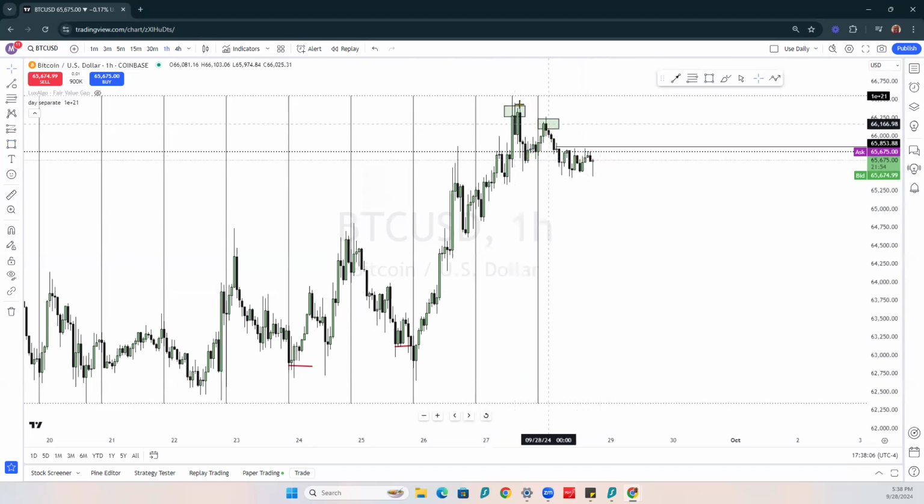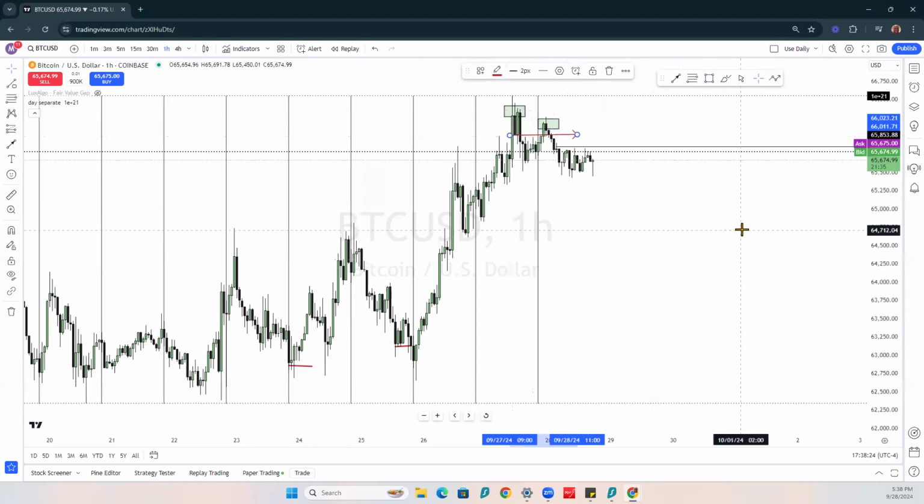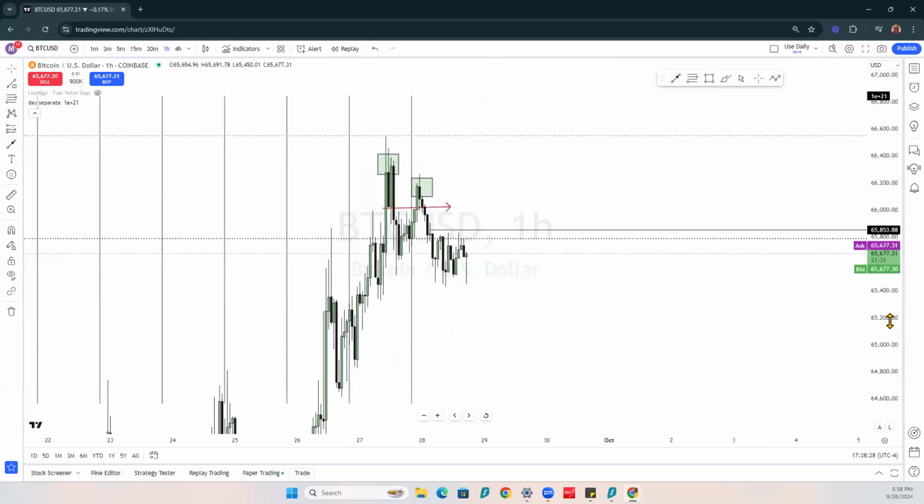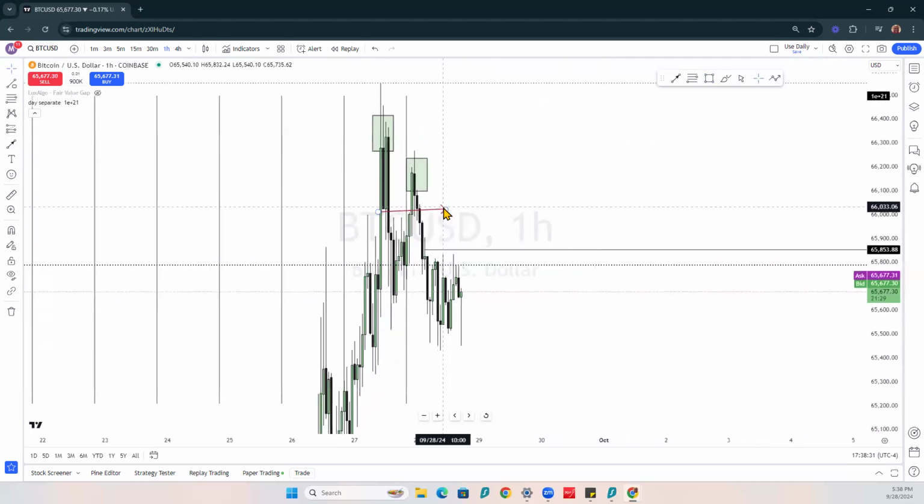When you get two highs, you can anticipate the market to go lower and go in the opposite direction, because all we have to do is place our neckline. This is our neckline. Now, if this is our neckline, what are we waiting for? We're waiting for confirmation that the market's going to come back to the neckline and trend lower.